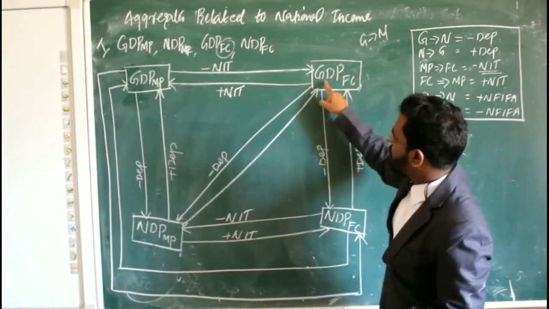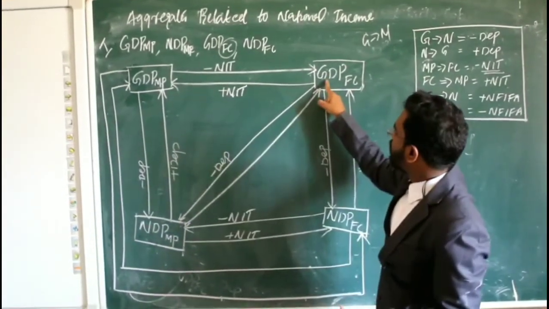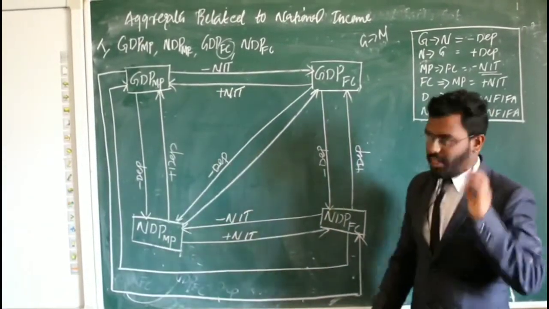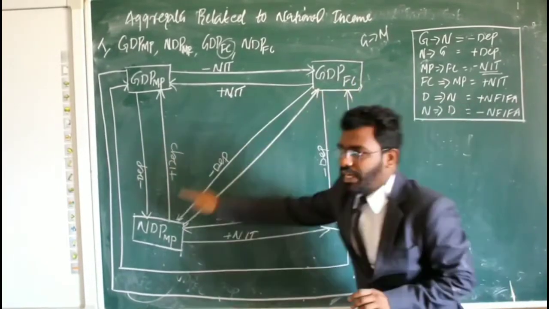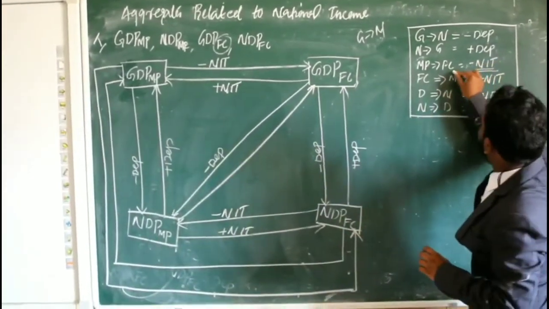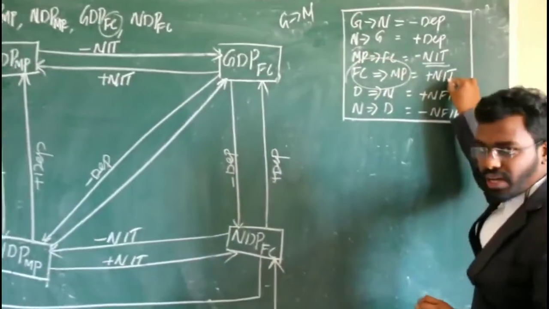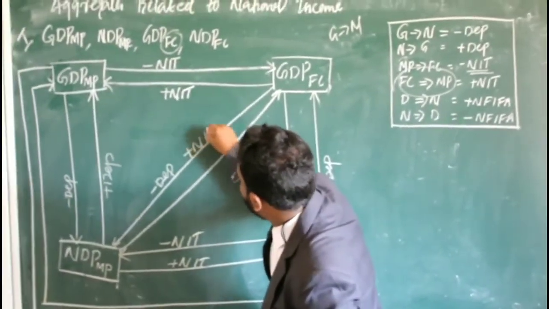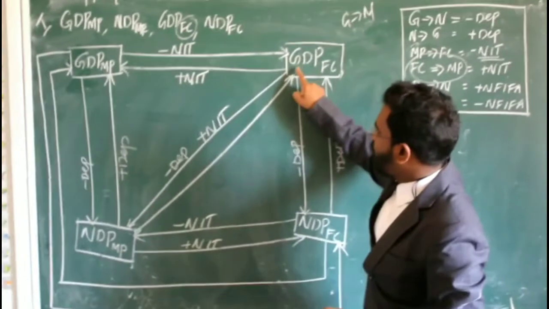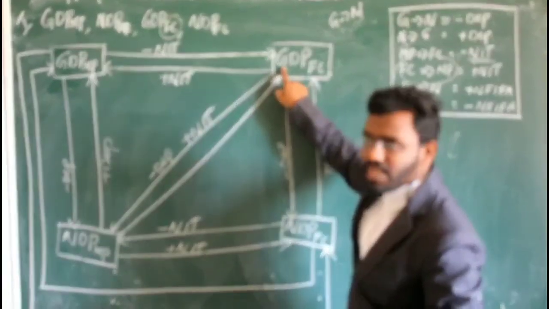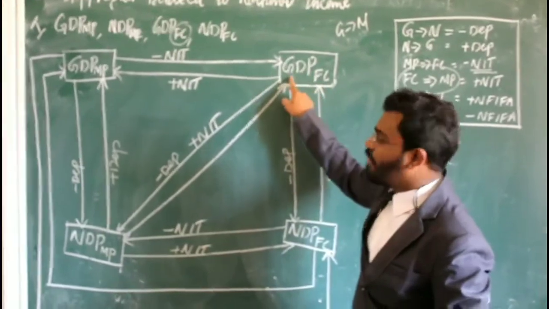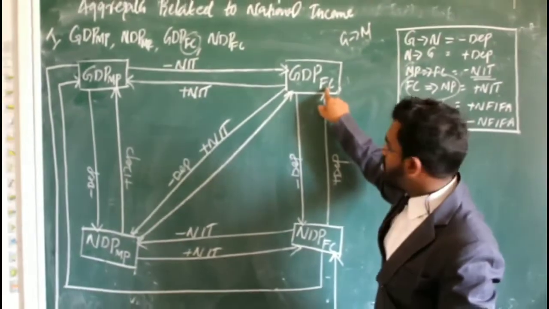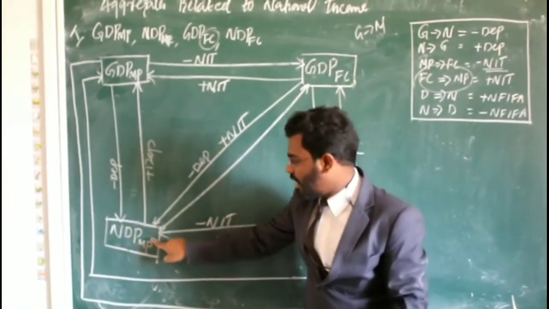So now we got N, gross into net, that is minus depreciation. Next one, FC into MP, that is plus NIT. So if we subtract depreciation from this GDP, it will become NDP, and if we add NIT along with this FC, it will become MP, that is NDP-MP.